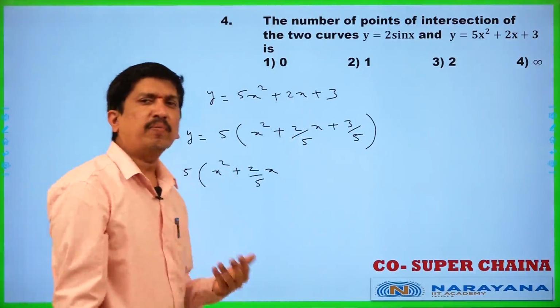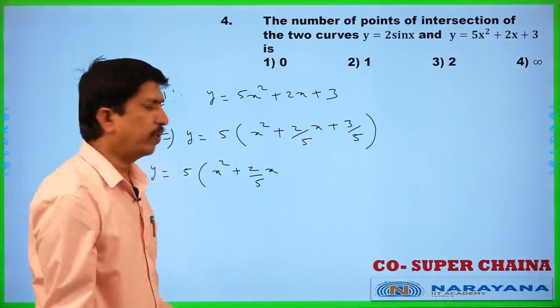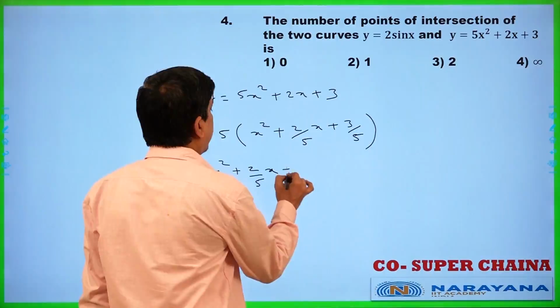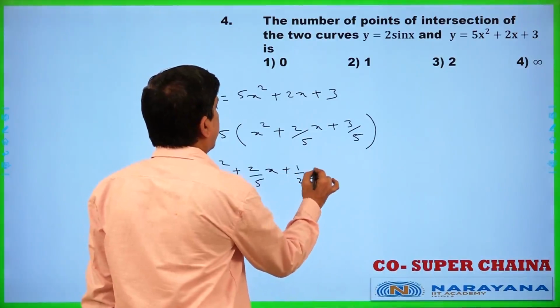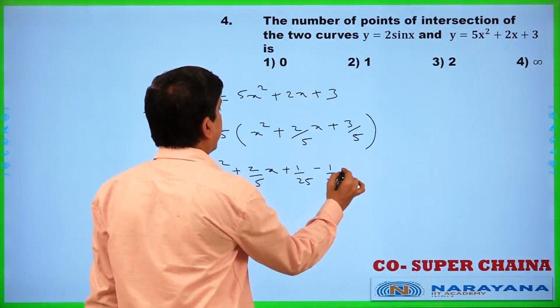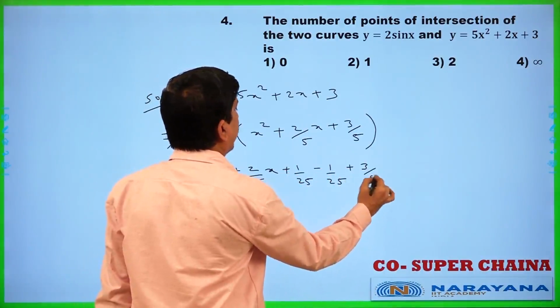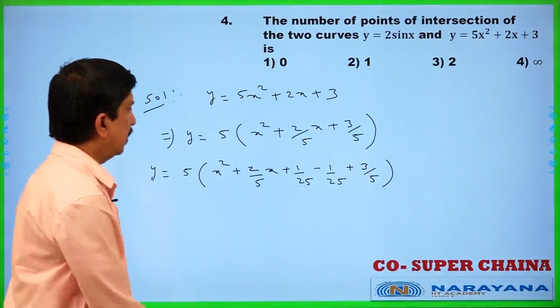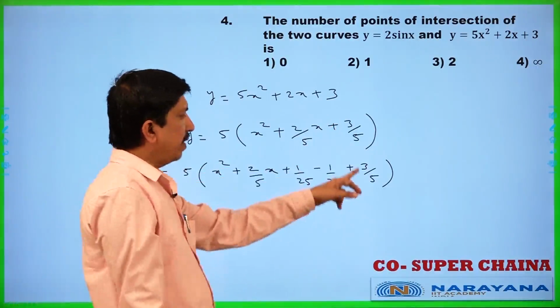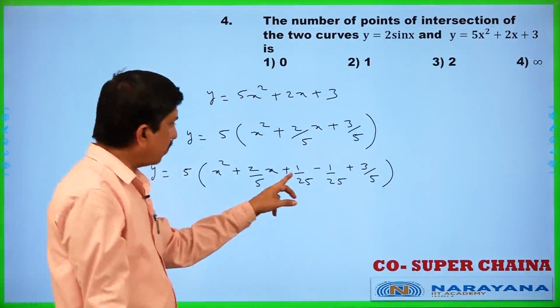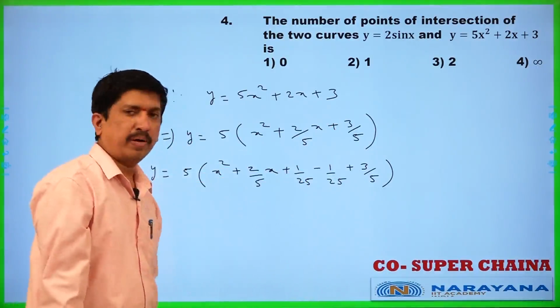But we do not have b square, that is 1 by 25, so plus 1 by 25 minus 1 by 25. Okay? Plus 3 by 5 I am writing, because the remaining 3 by 5 stays as it is. I added 1 by 25 and minus 1 by 25.